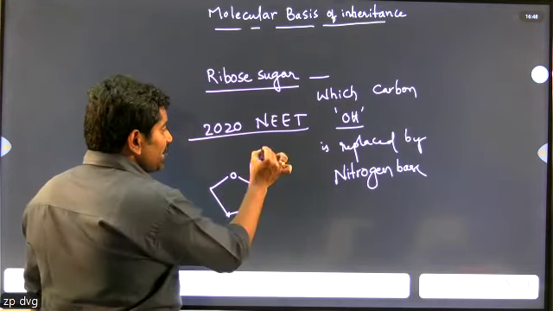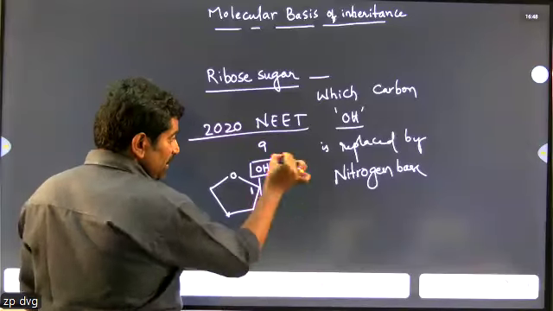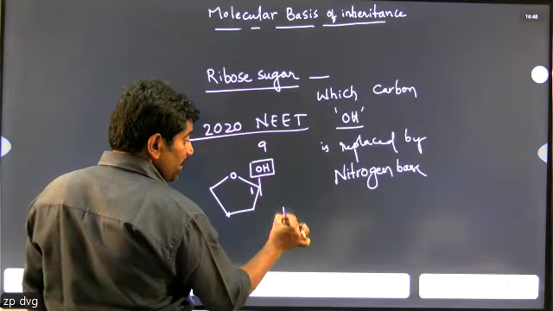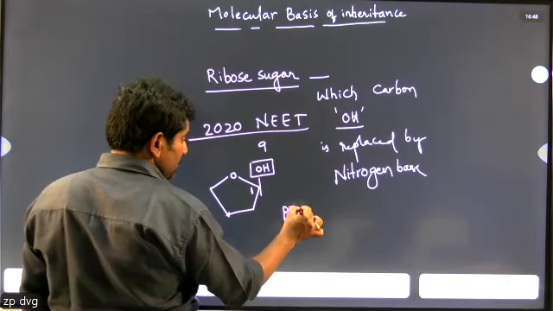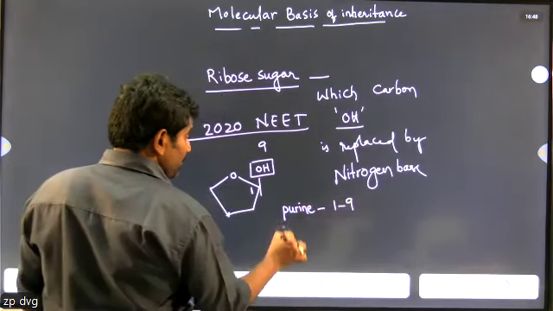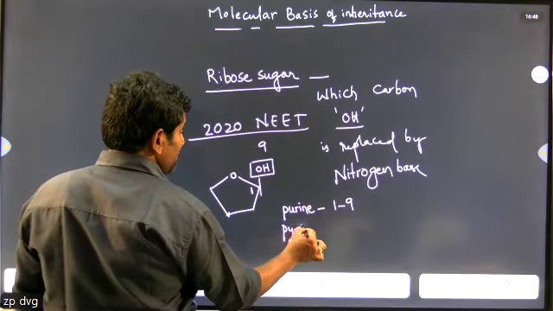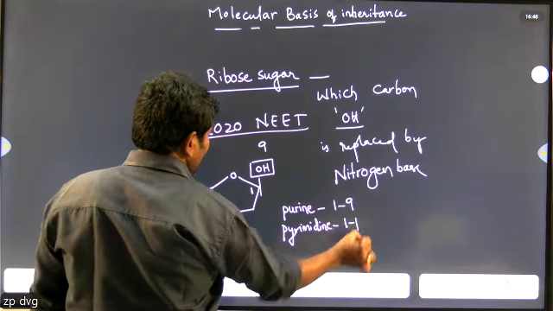If it is a purine, it joins with its ninth position, and that is a one and ninth bonding. If it is a pyrimidine, it joins with its first position to the first carbon, a one and one bonding.